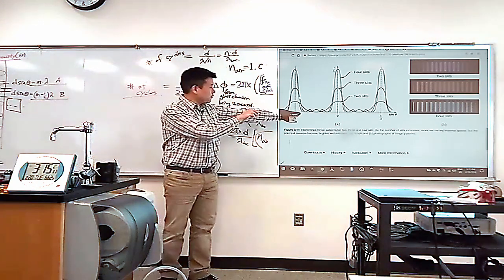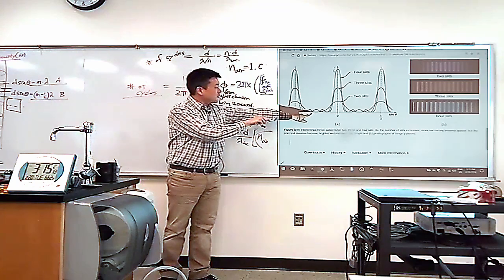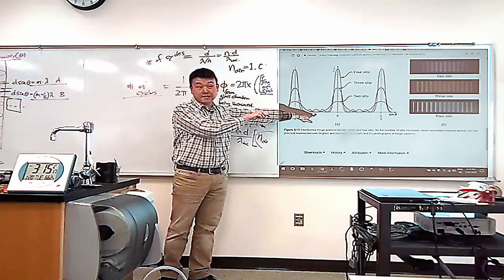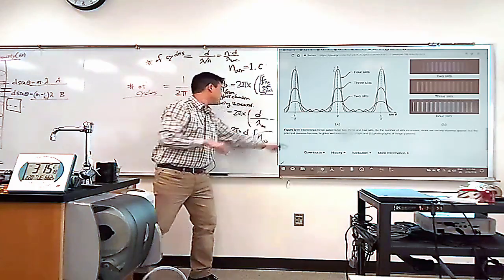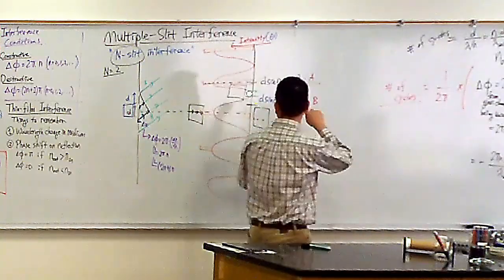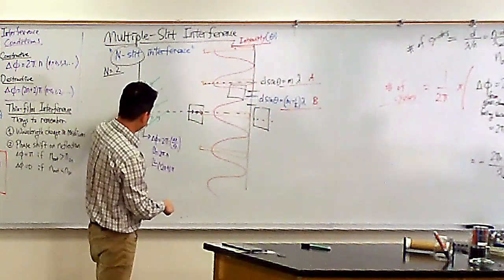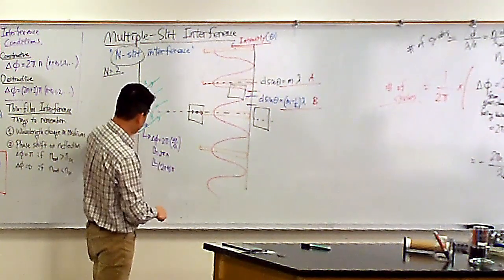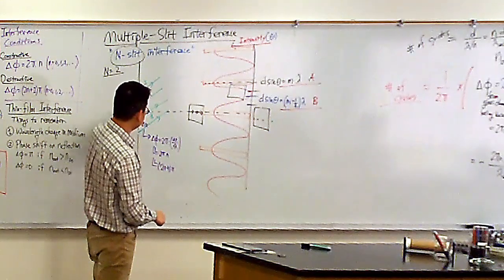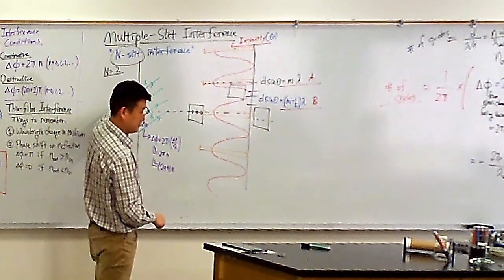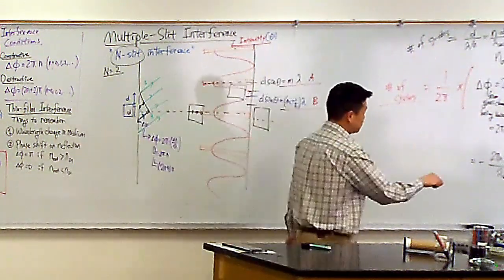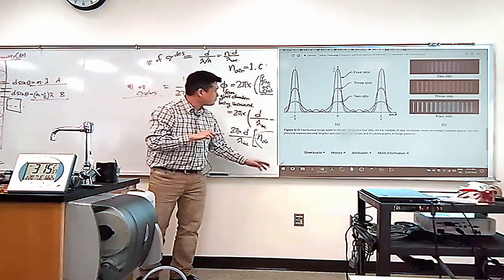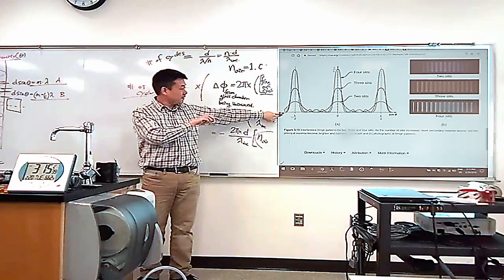You get destructive interference here. Destructive interference, this time it coincides. Because at this location, where 2 neighboring slits used to destructively interfere, now these two destructively interfere, and then these two destructively interfere. So you get this black or blue, navy pattern.